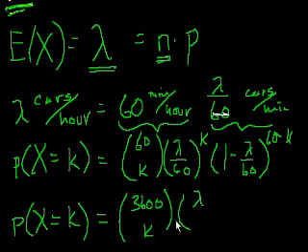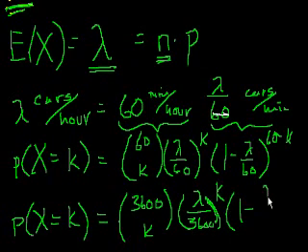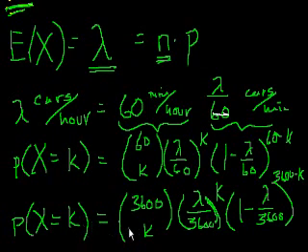Well, that's the expected number of cars in an hour divided by the number of seconds in an hour. And we're going to have k successes, and then we're going to have the probability of a failure, and you're going to have 3,600 minus k failures. And this would be even a better approximation.